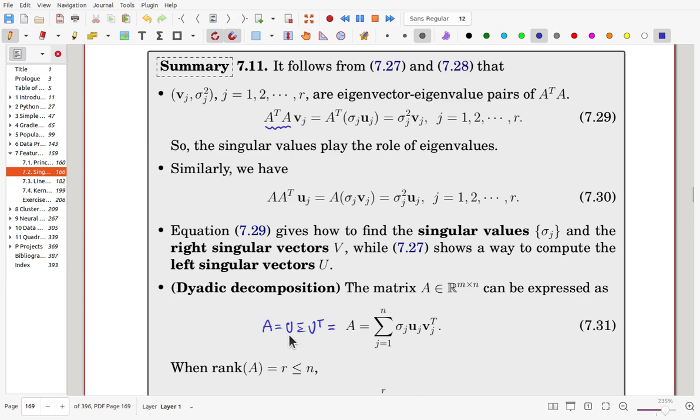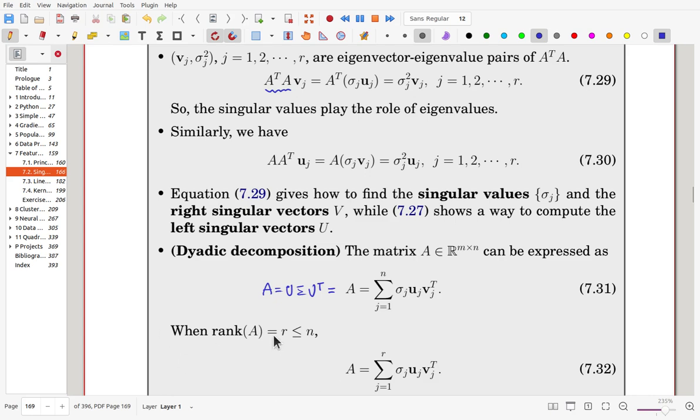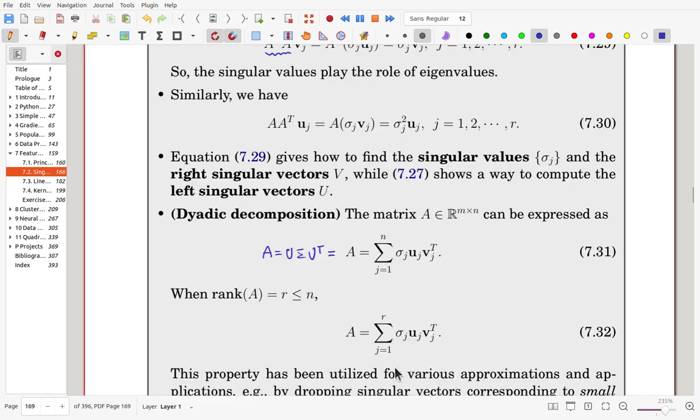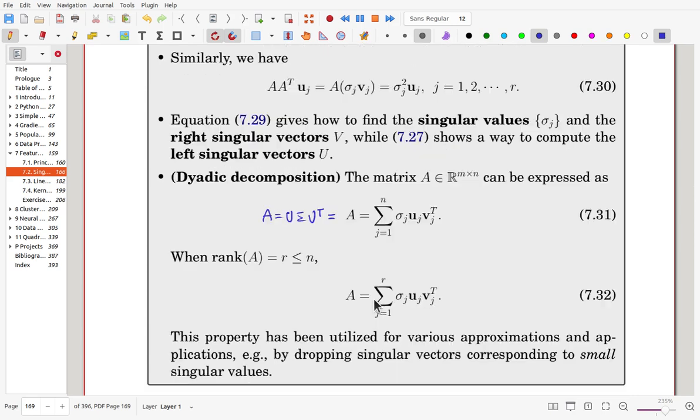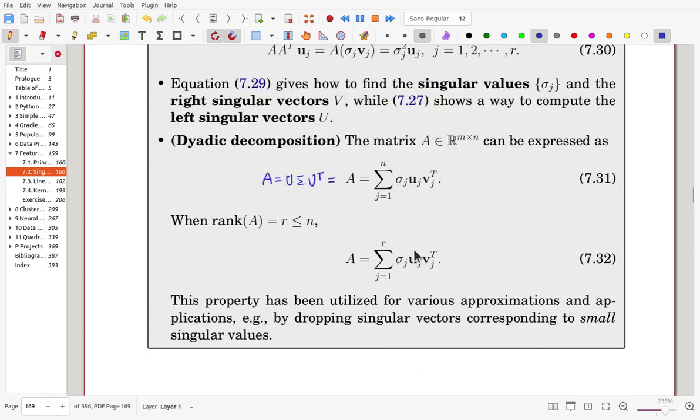Here we have n columns, and V has n columns, so this can be written in this way. That is called a dyadic decomposition. Because the rank is r, rather than n, we can use r here, and this expression has been used for various applications and approximations in matrix analysis.